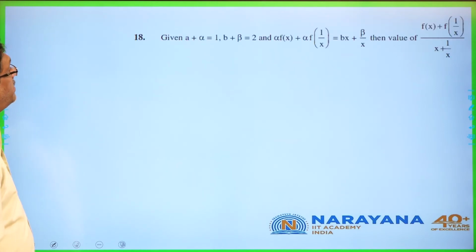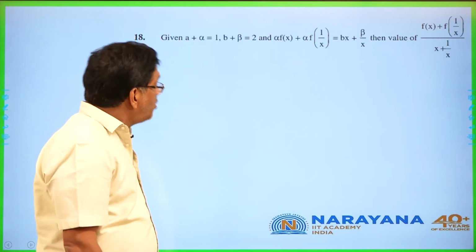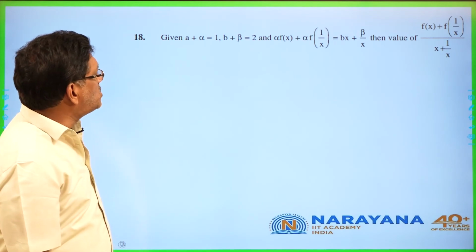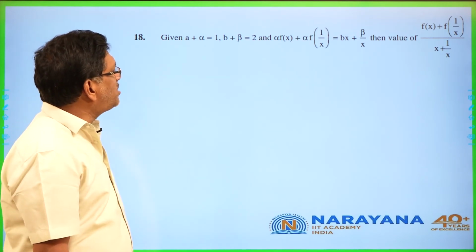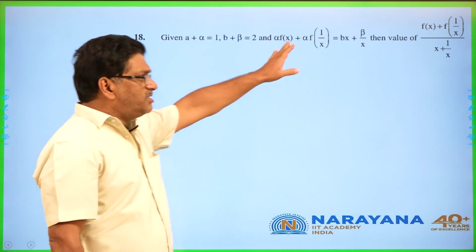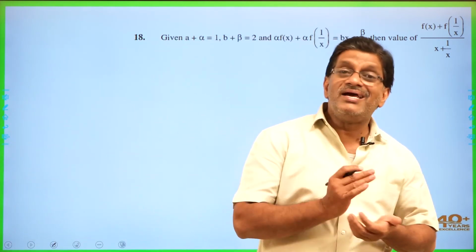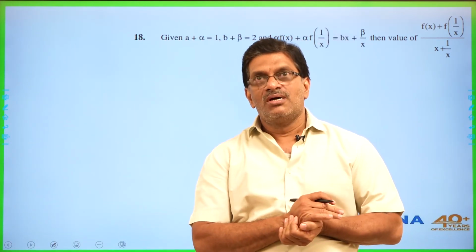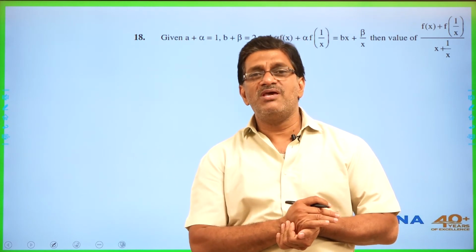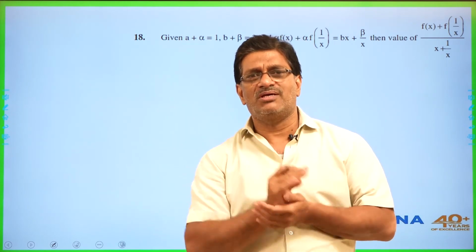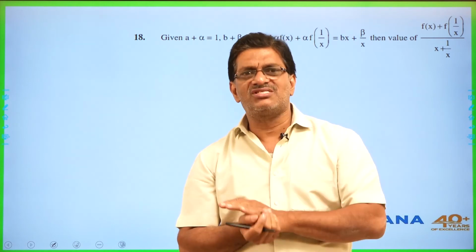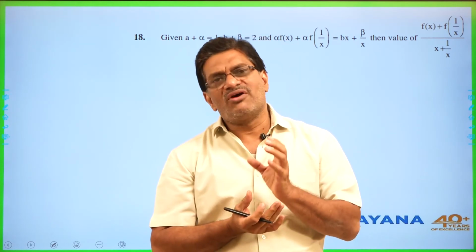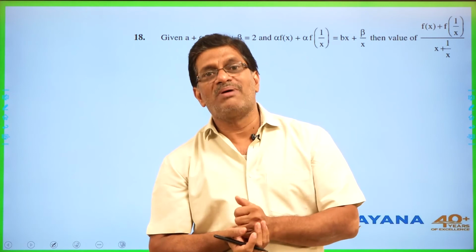Question number 18. If a plus alpha equals 1, b plus beta equals 2, right? This type of questions, long back also, they have asked, like a f of x plus b f of 1 by x is equal to something. He wants the f of x term, so we have to eliminate the f of 1 by x term.